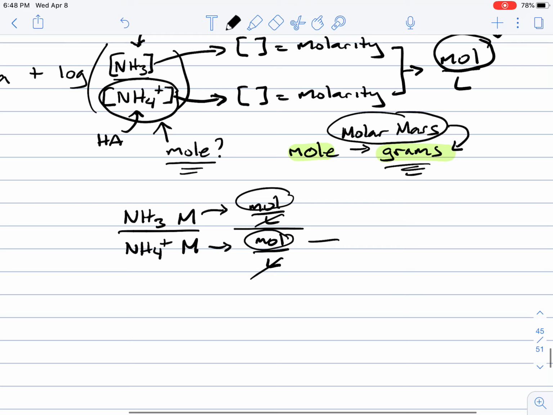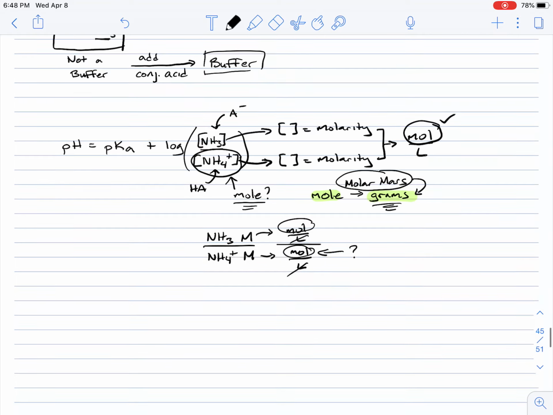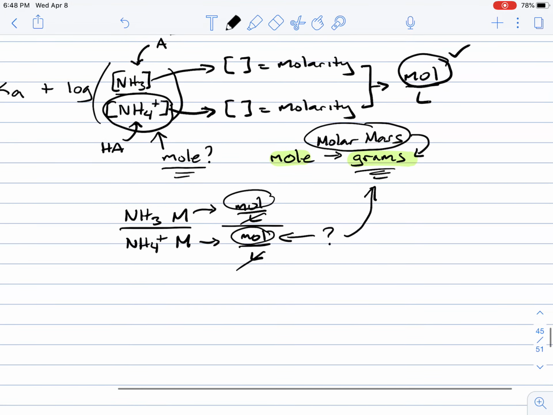So if I can figure out the moles of ammonium, then I can go ahead and determine the mass. And so what that means is that I need to convert all units into mole units before we plug it into the Henderson-Hasselbalch equation. Okay.